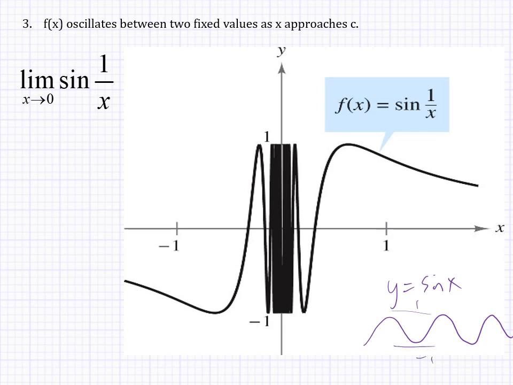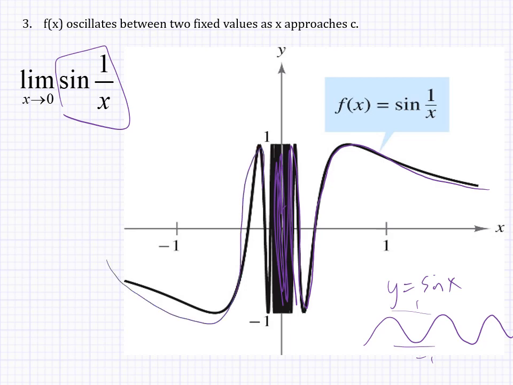Now this function, the sine of 1 over x, does something a little bit different. It oscillates, but as it gets closer and closer to 0, it goes up and down faster and faster. And same thing if I come in this way. It goes up and down and up and down, and then goes up and down faster and faster and just jumps like that.